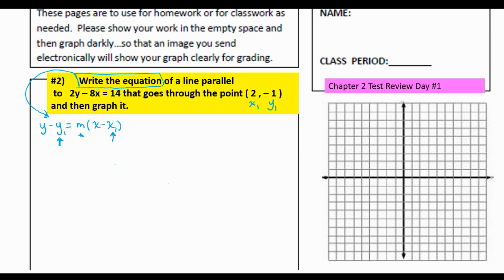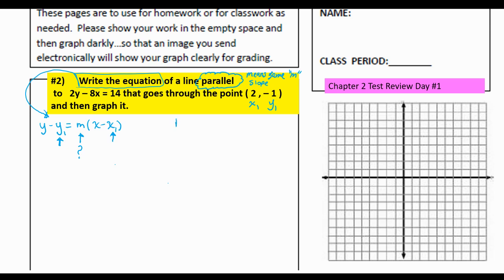The issue again is what m do we use? And so the key word is parallel. And parallel means same slope, same m. Right? So same m. Well, where do we get the m from?